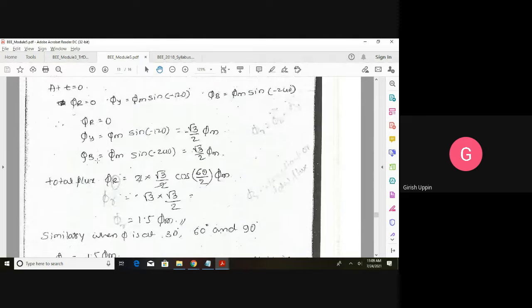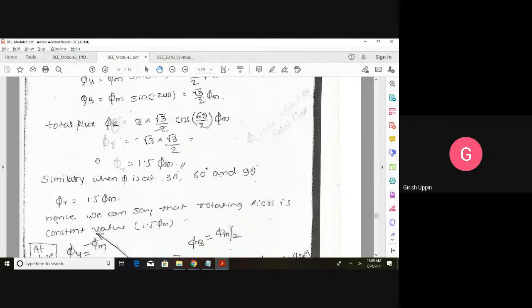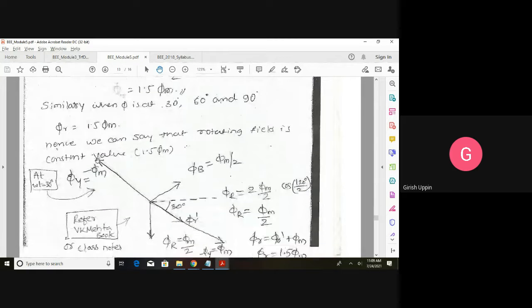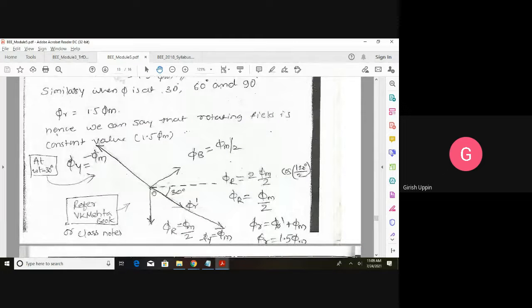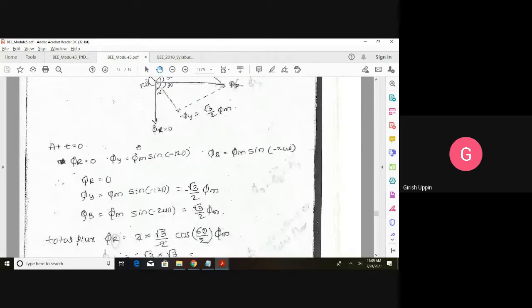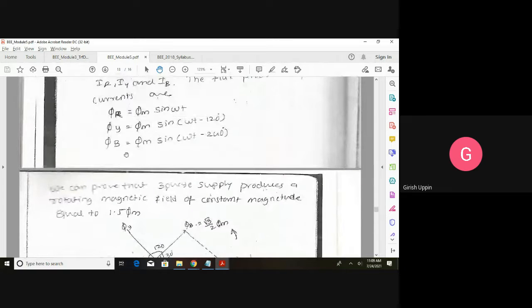So similarly, we took omega t is equal to 0. Now we will take omega t is equal to 30 degree. If we take omega t is equal to 30 degree, you have to substitute and find phi r is equal to phi m sine of 30, so phi m by 2.